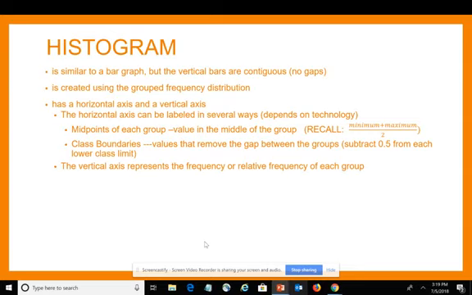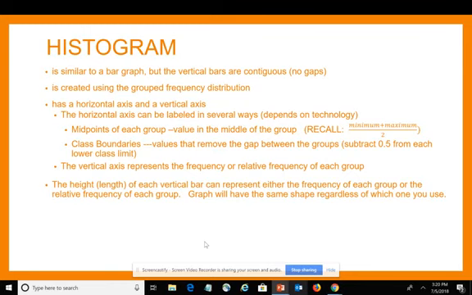On the horizontal axis, we would have the group values, and there's different ways to label that. It kind of depends upon which technology you're using, whether it's a calculator, a free website, Microsoft Excel, whatever. The two most common values used are either the midpoint of the group or the class boundaries. And then the vertical axis represents the frequency or possibly the relative frequency of each group.